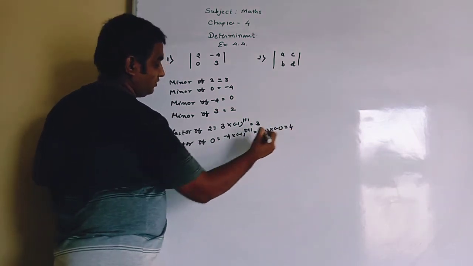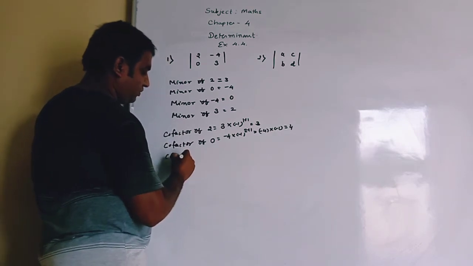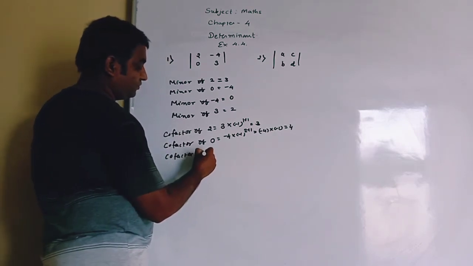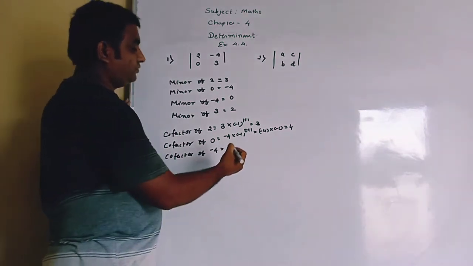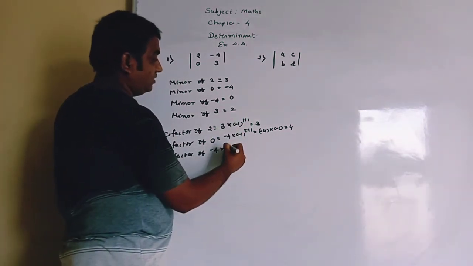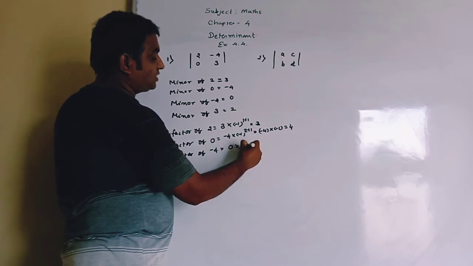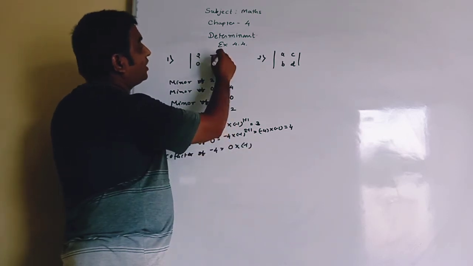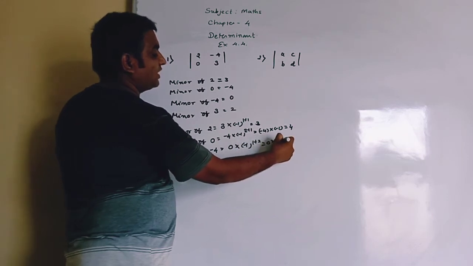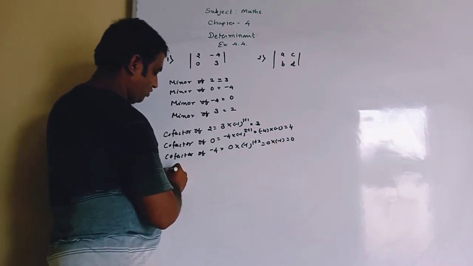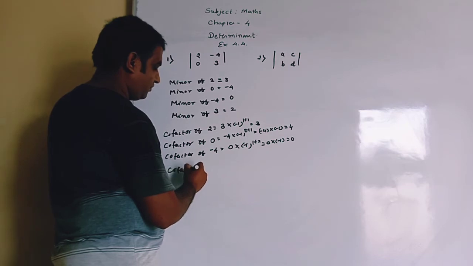Cofactor of minus 4: here 0 into minus 1 raised to first row, second column, 1 plus 2, so 0 into minus 1, that is 0. And cofactor of 3.